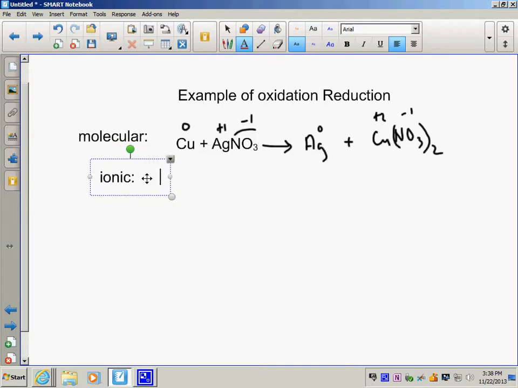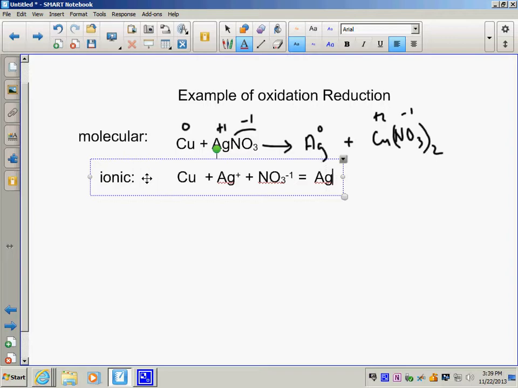So for this purpose, it would be copper metal, which is all by itself, plus Ag+ ions, plus NO3- ions, yields Ag metal, which has no charge.